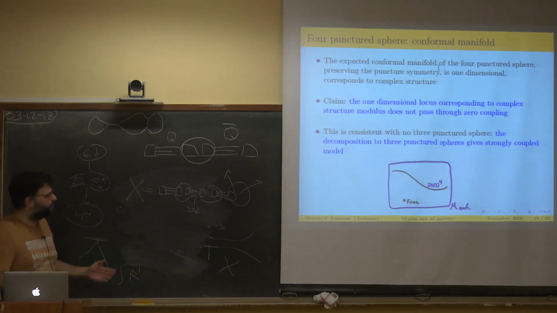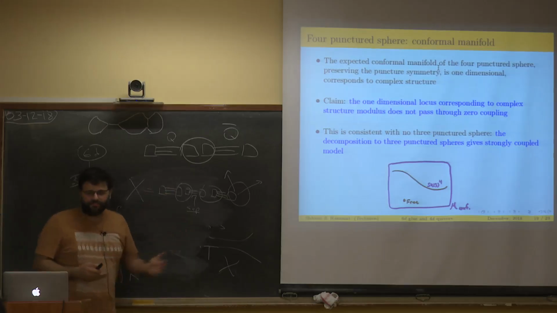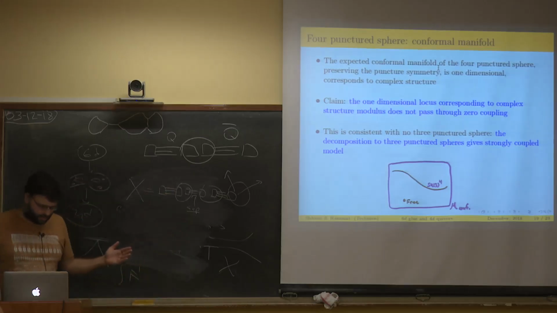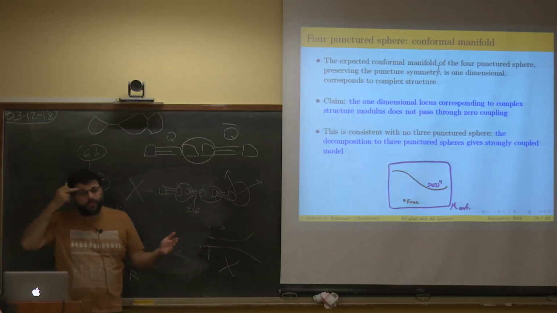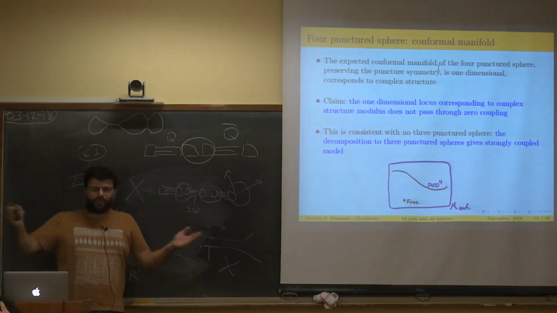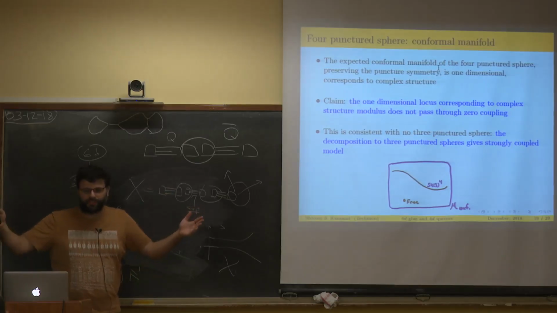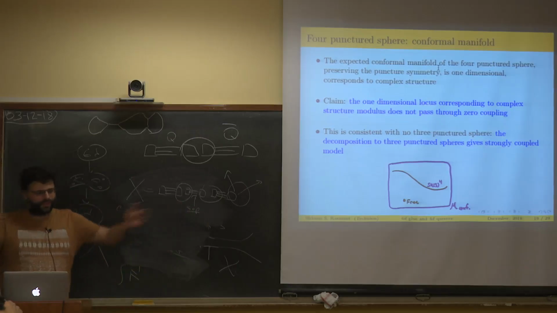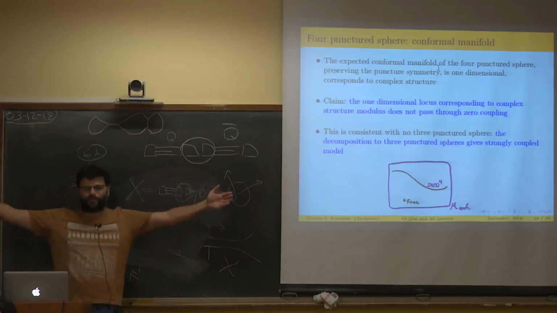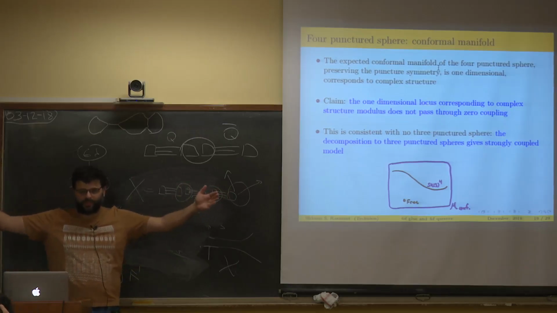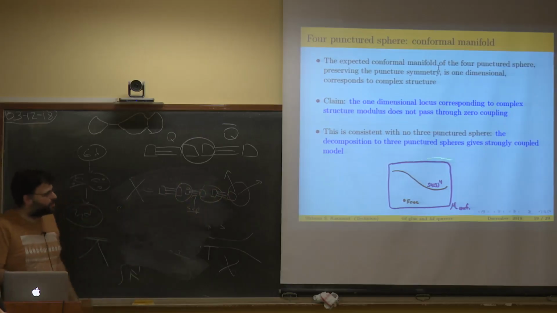Now, this is another implication. You can say, but wait, the 4 puncture sphere has a conformal manifold, one direction of which you should identify with the complex structure modulus of the 4 puncture sphere. So what happens if you take that coupling to be small or big, to go to some limit? Here is the picture of the statement.